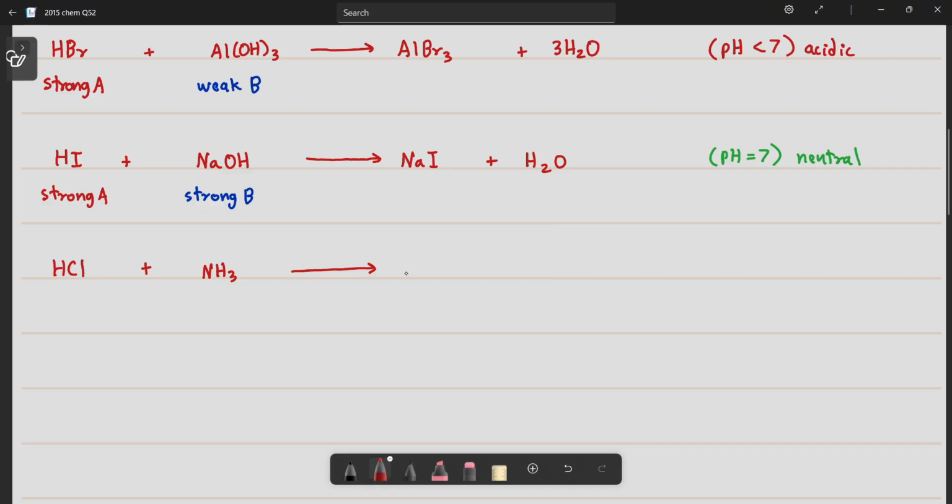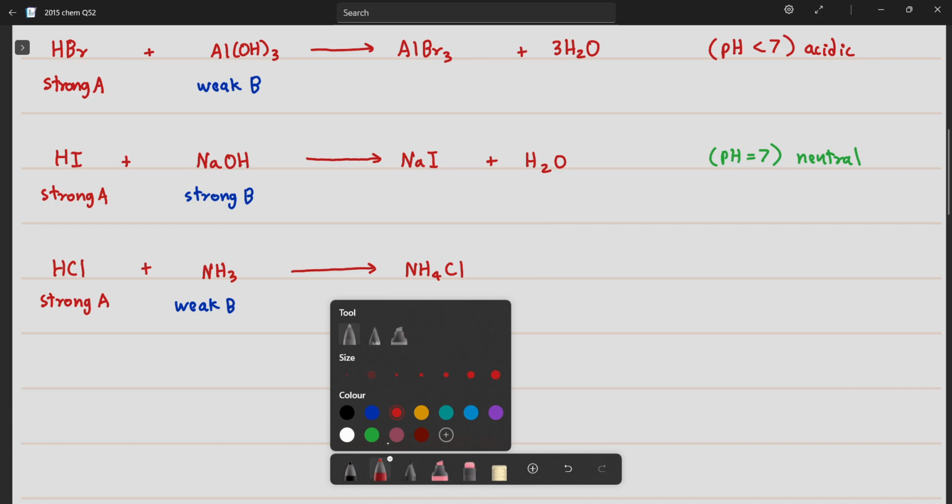give NH4Cl, ammonium chloride. As we discussed for hydrogen halides, it's going to be a strong acid, and ammonia is generally a weak base.